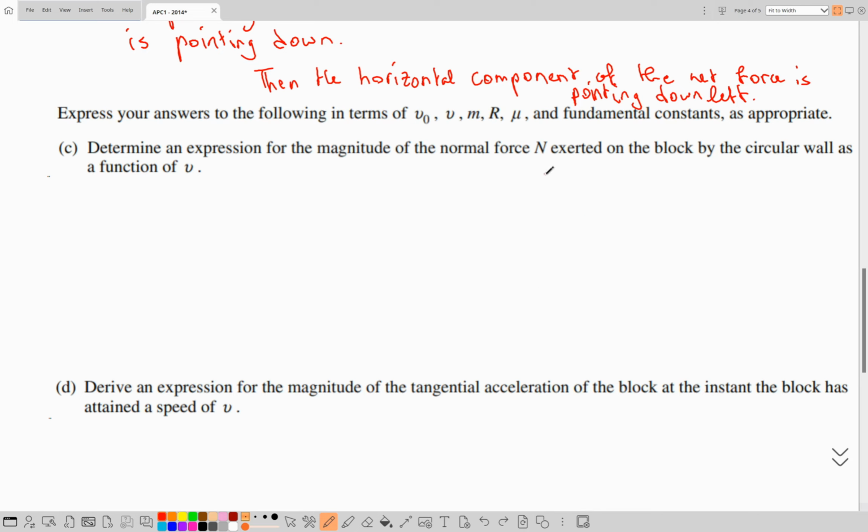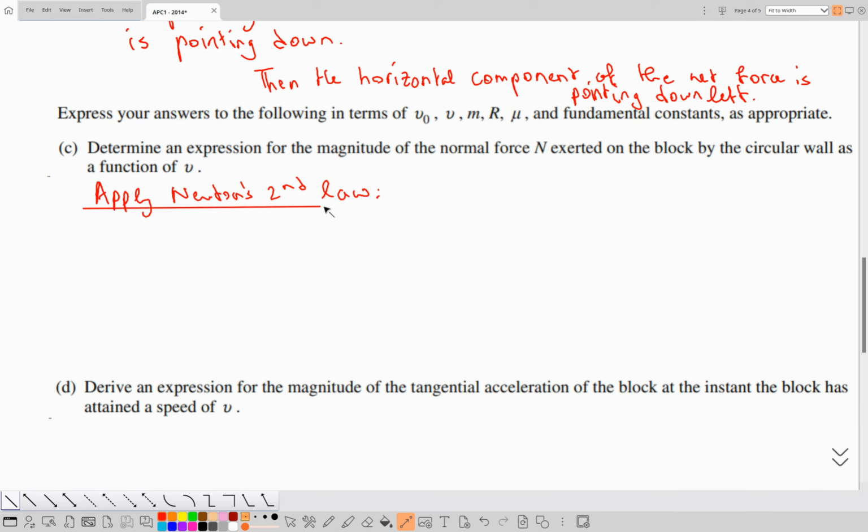And because the normal force is a centripetal force, we need to apply Newton's second law and project along the centripetal direction. Now it's not very important whether we say translation or rotation, but here remember that this is Newton's second law for translation, although we're projecting it along the centripetal direction.